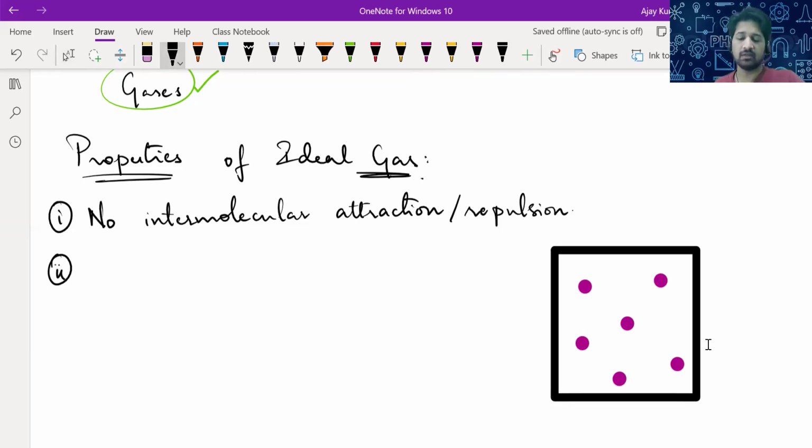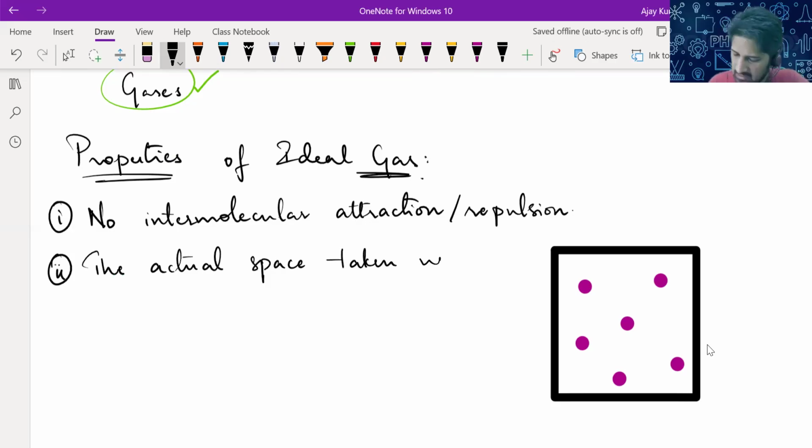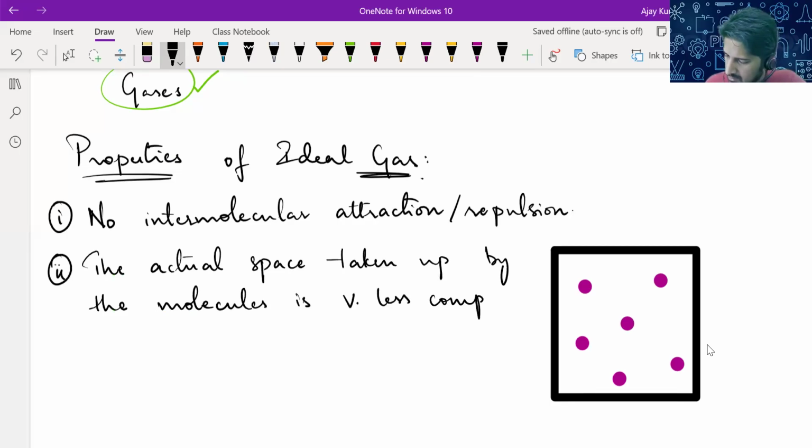So when it comes to ideal gases, what we assume is the actual space taken up by the gas molecules is very less compared to the volume of the container.